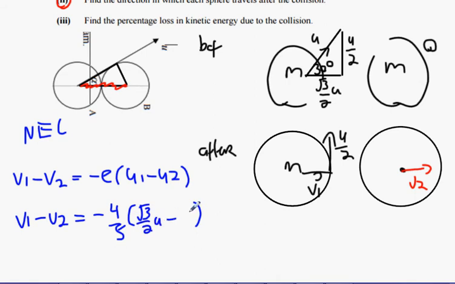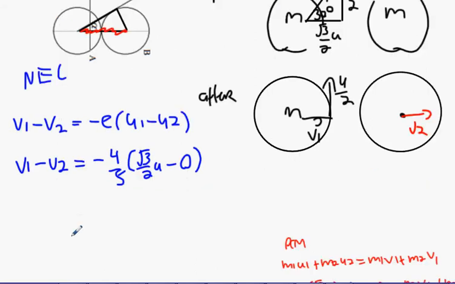Anybody? U2? 0. Cross multiply the 5. 5V1 minus 5V2 ends up to be minus 4 root 3. Oh, sorry, there's a 2 there as well, isn't there? So all over 2U. 4 over 2, basically get rid of that and then just put 2 here. 2 over 3U.